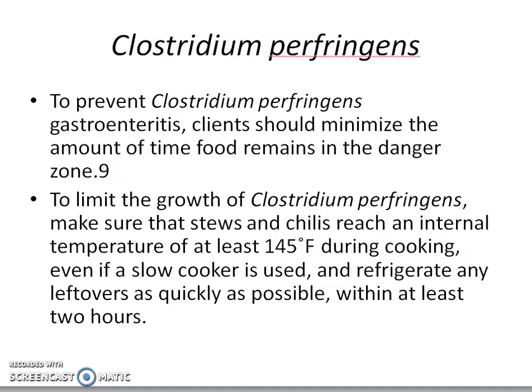To limit the growth of Clostridium perfringens, you should make sure that stews and chilies are maintained at a temperature of about 145 degrees Fahrenheit during cooking, and you should refrigerate any leftovers as quickly as possible, within at least 2 hours.